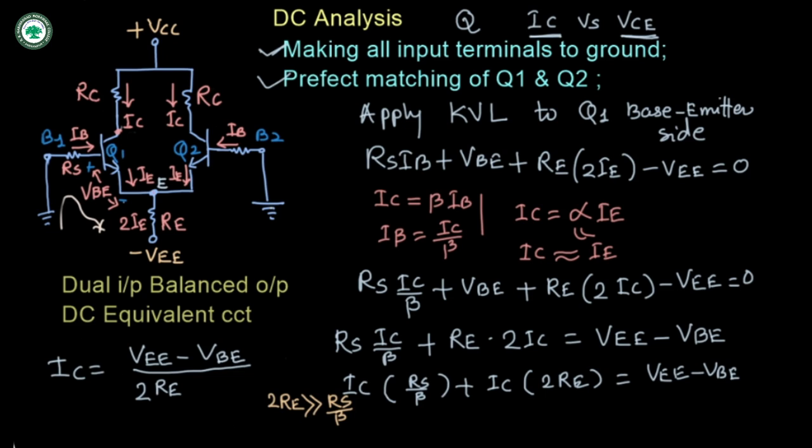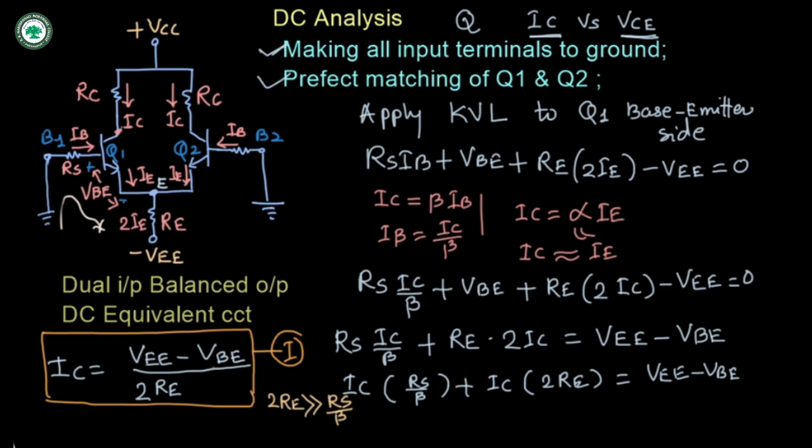So IC I can consider in terms of this VEE minus VBE upon twice RE. Let me call this equation 1. What it tells us is that the VEE value will be the negative power supply voltage.